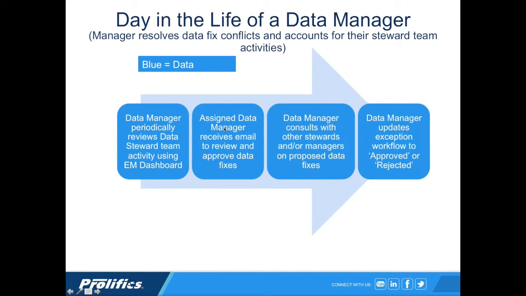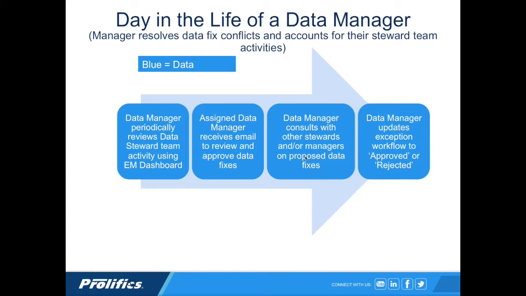So the data manager then will assign or receives email to review and approve data fixes that are coming from the various different stewards. The data manager may consult with other stewards and propose additional fixes based on the fixes that he receives from the various different stewards.